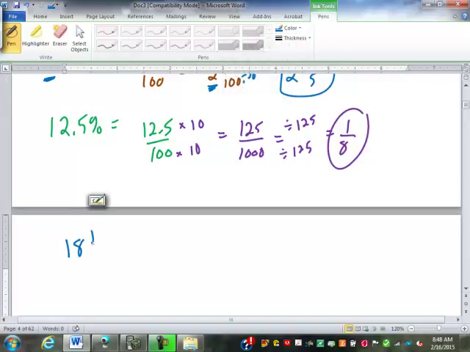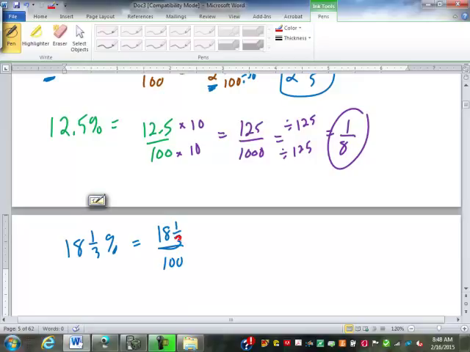Or how about this one? 18 1/3%. What's that going to become? Well, 18 1/3 over 100. Now, we don't like having fractions within our fractions either. How are we going to get rid of that? Well, there's a couple of ways. We could just do 18 1/3 divided by 100, and that would come out.